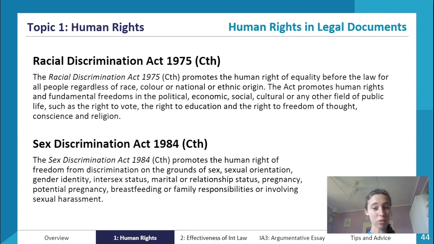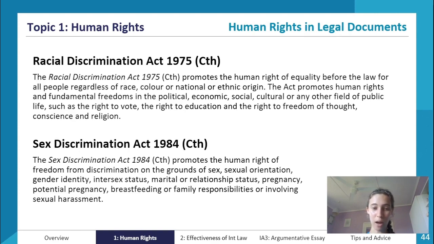So racial discrimination is promoting that idea of equality before the law for all people, regardless of all the different things related to race. So race, color, national or ethnic origin. The Act promotes human rights and fundamental freedoms in all of those different areas: political, economic, social, and cultural.